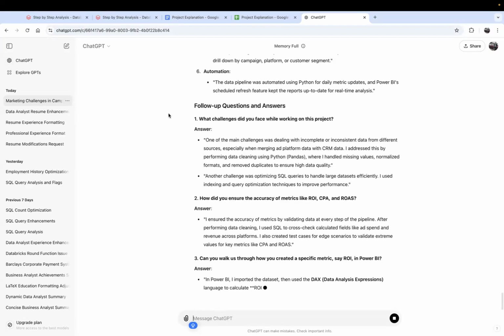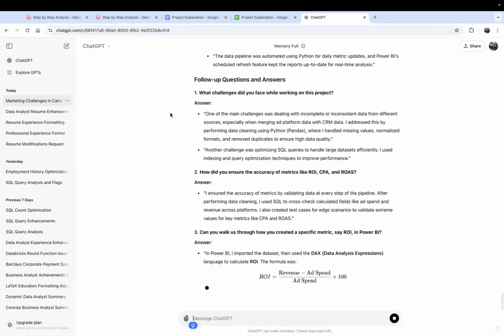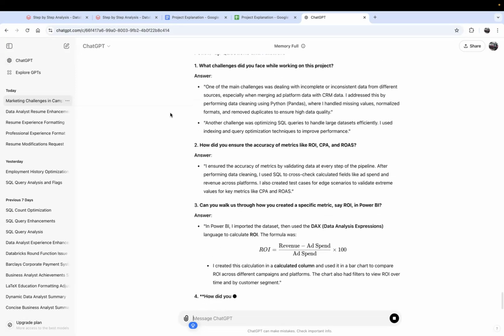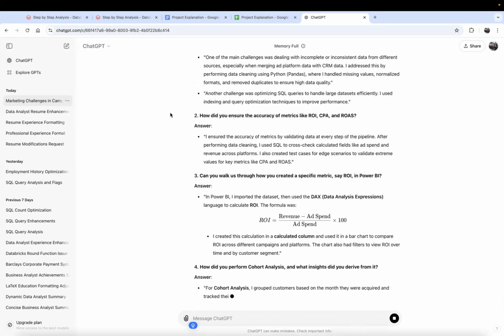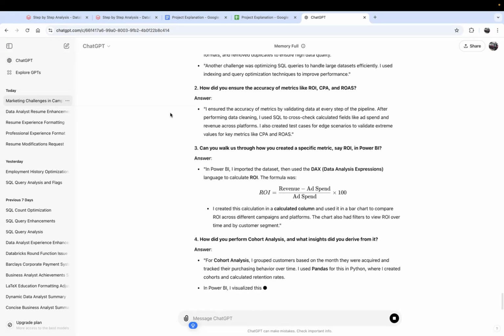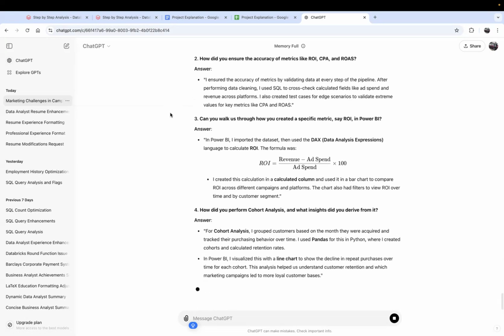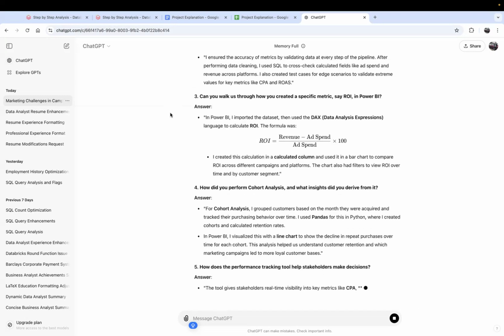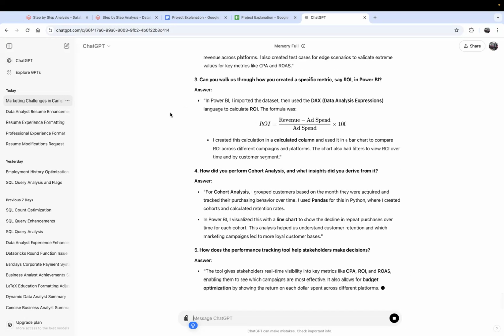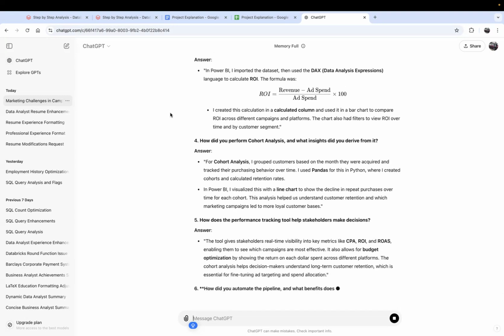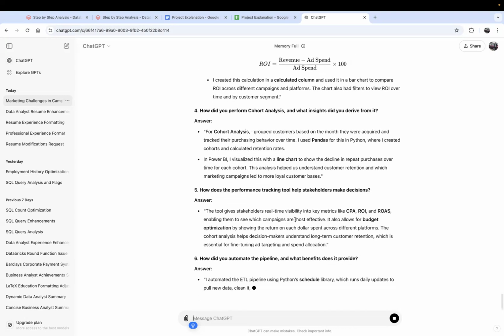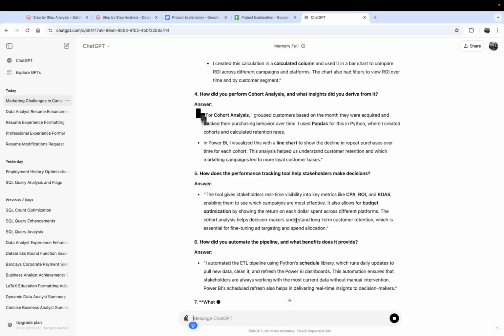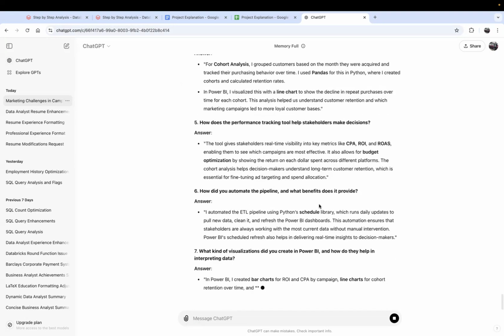See, every time they ask this question, what challenges did you face while doing the project? Can you walk through any of the specific metrics that you have created? And the people who are giving the interviews, they must say that these kind of questions are asked. See, so these are the follow-up questions that Bhanu has to prepare if he has to go for this domain.